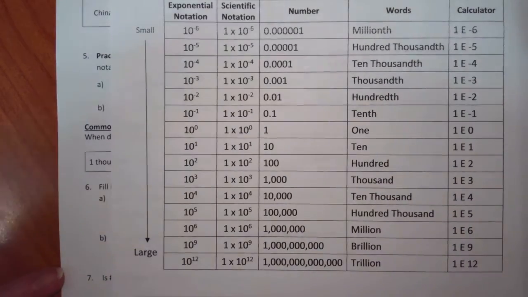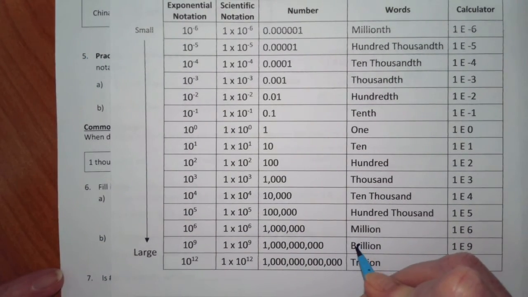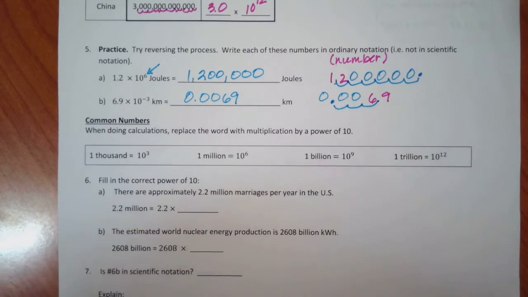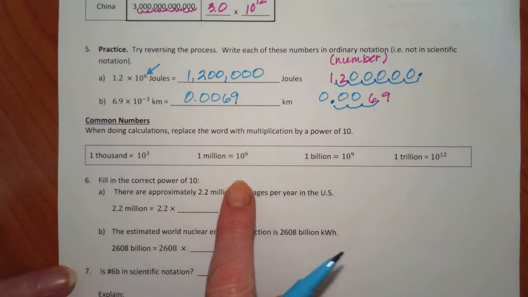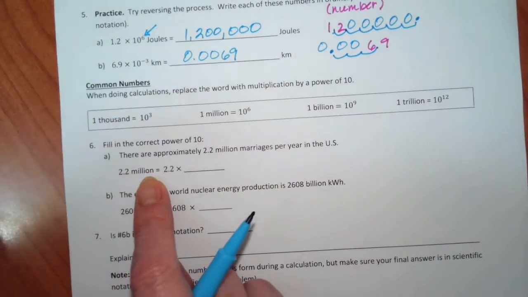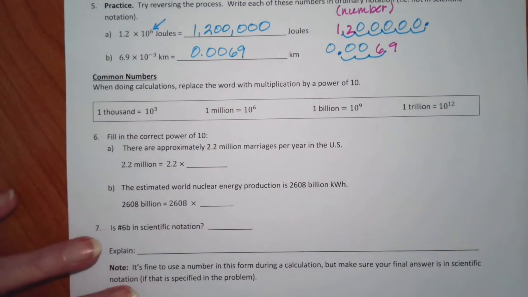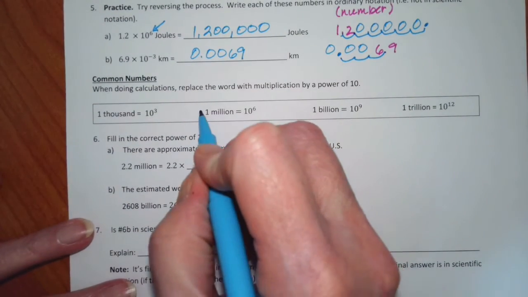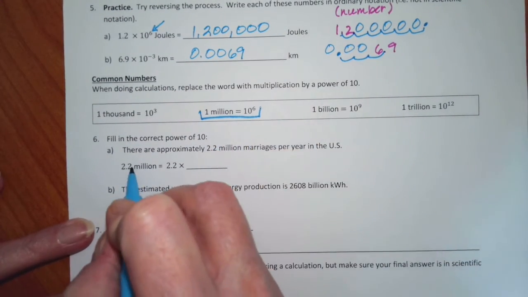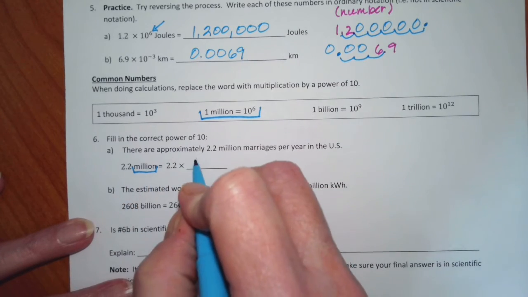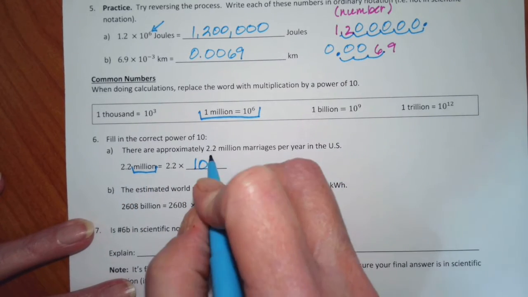Okay, and I'll try to fix this. So if we want to write 2.2 million, we can replace million with 10 to the 6th.